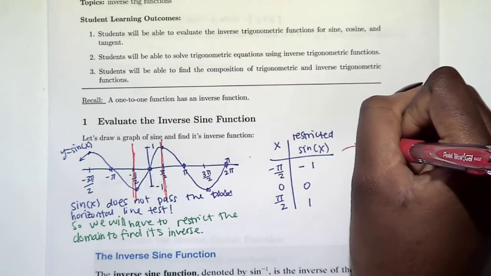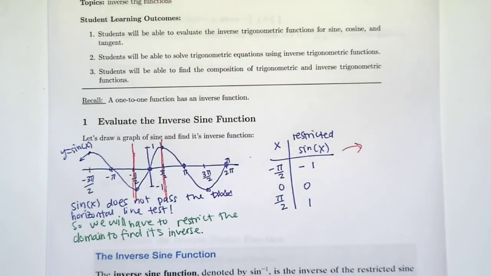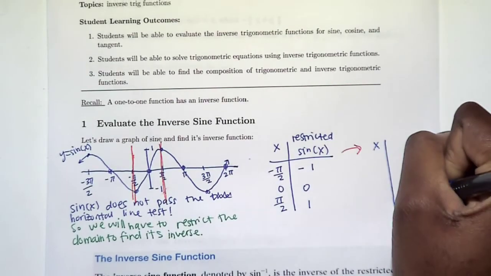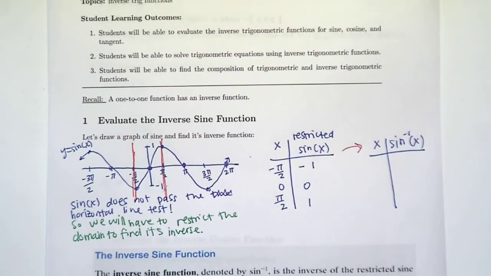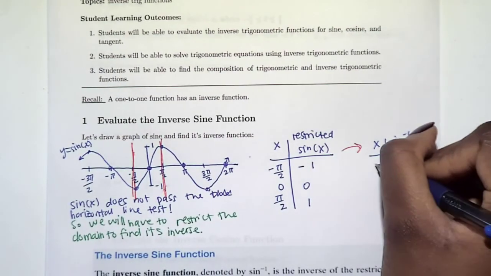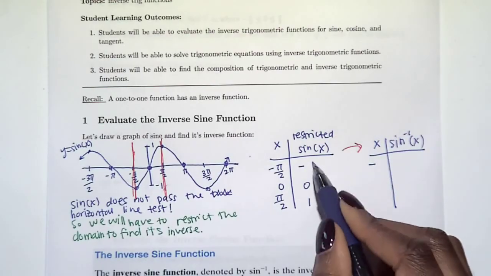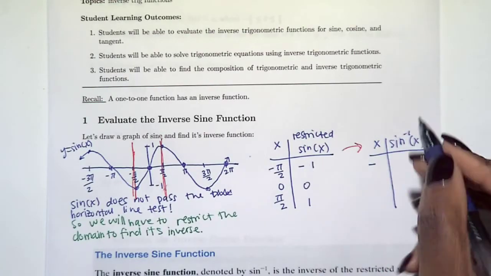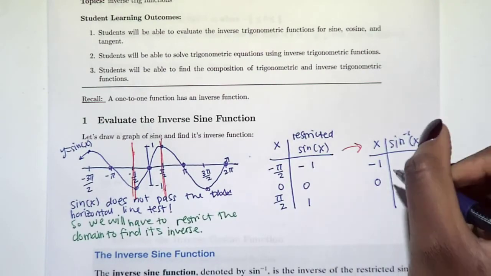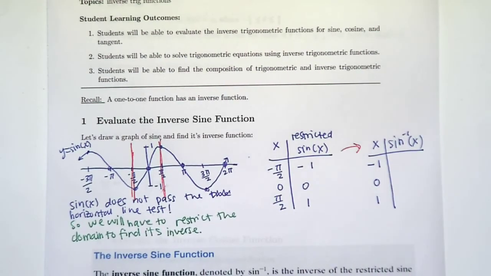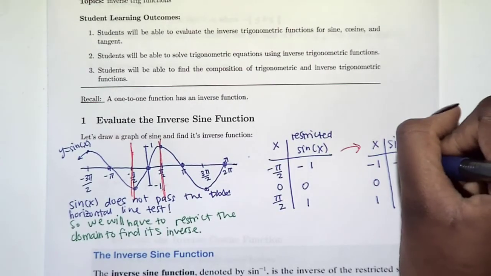Okay, so when we write out our inverse, we're going to use sine inverse to represent the inverse of our restricted sine graph. We just have to switch x and y. So all of these y values will be the x values for the inverse, and then all of the x values are now the y values for the inverse.